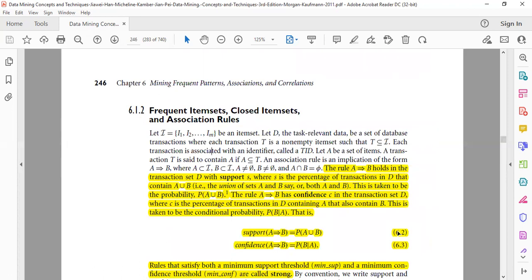To represent the values of support and confidence mathematically, we can use the following formulas.